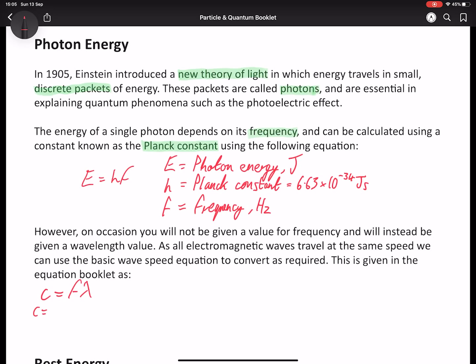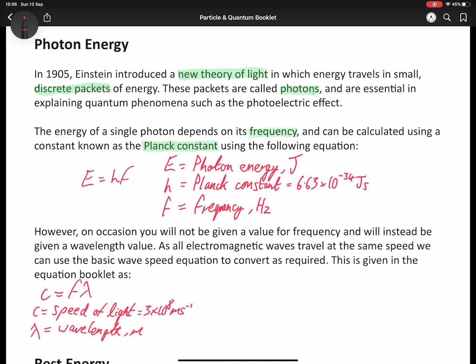At this level, this is placed in the waves section of the booklet, and the symbol c is used for the speed because we're generally referring to the speed of light, 3 times 10 to the 8 meters per second. And lambda, you should recall, is the symbol for wavelength measured in meters.